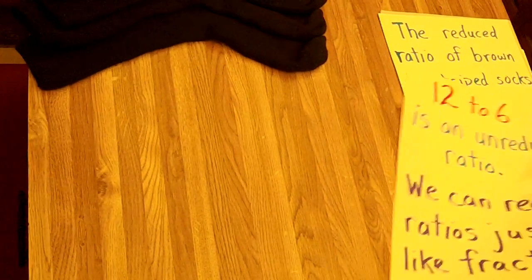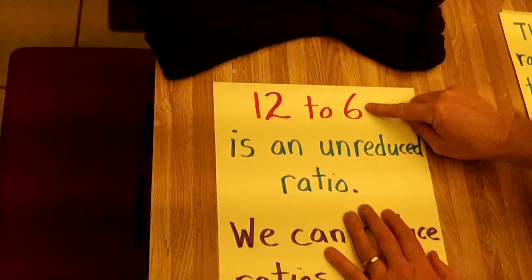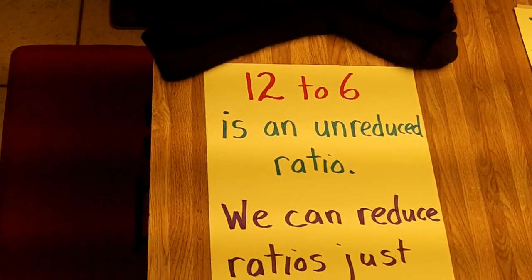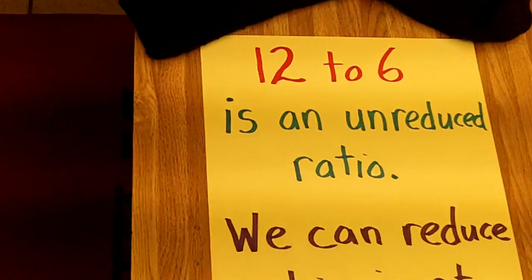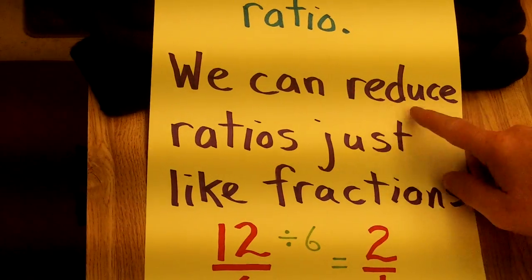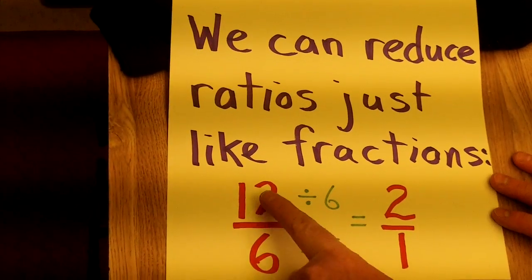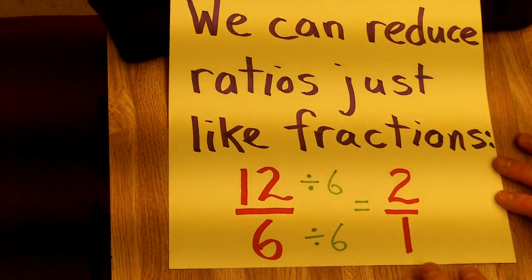Now notice that 12 brown socks to 6 striped socks is an unreduced ratio. Kind of just like with a fraction, 12 over 6, we don't leave it at that. We can reduce ratios just like fractions. So we have 12 brown and 6 striped.